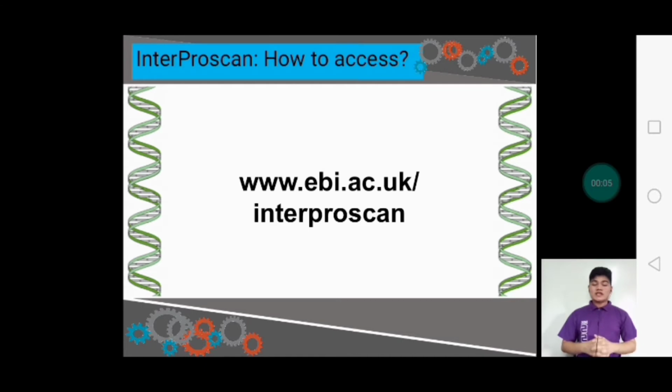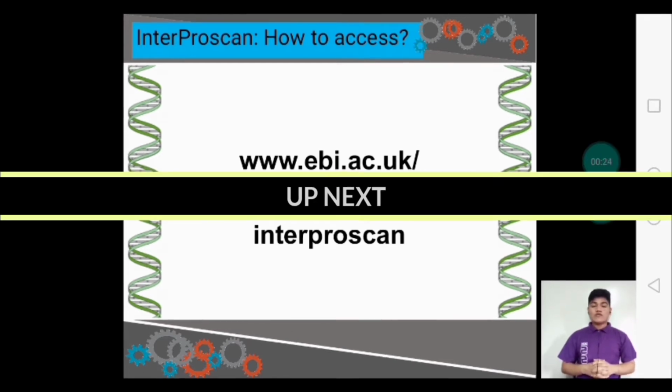Now, let's slowly explore INTERPROSCAN database. Just type this URL in Google: www.ebi.ac.uk/interproscan, and you will go directly under the services of this database, specifically under the search button. But let us try to go first in home.